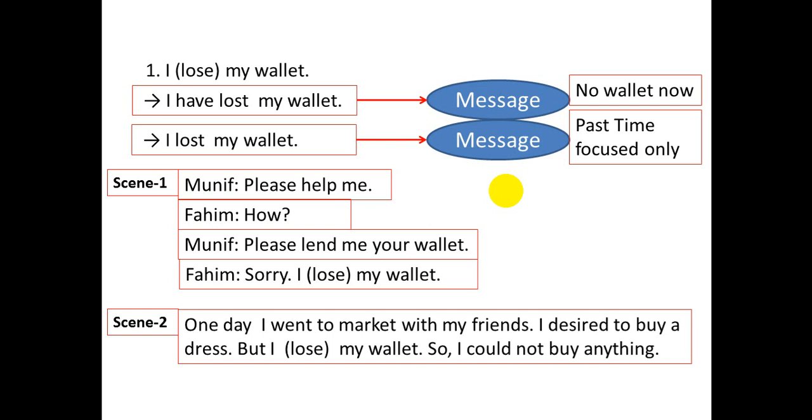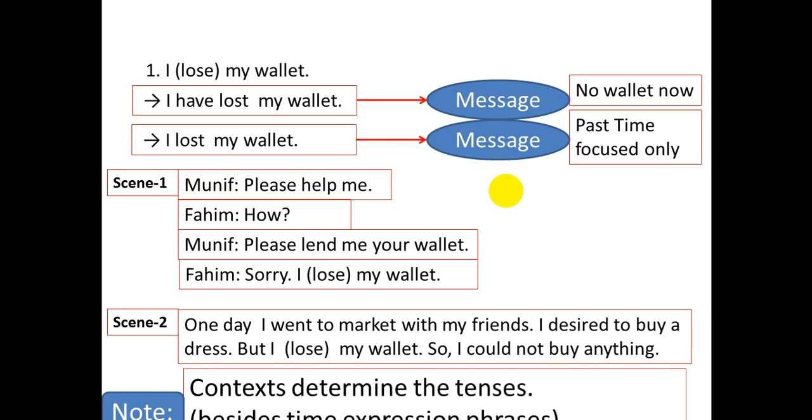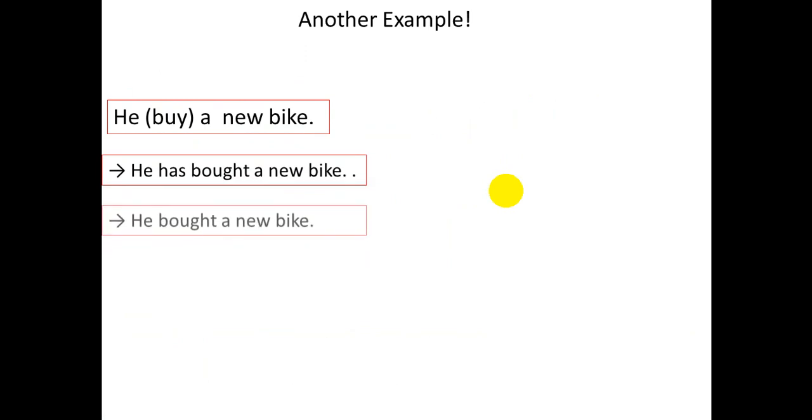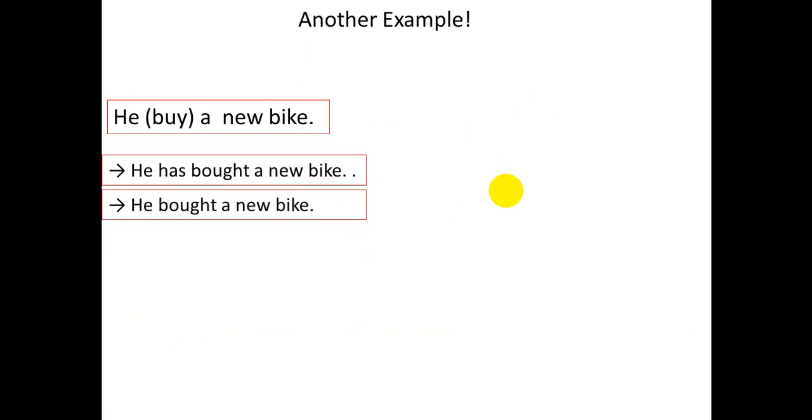So these two contexts, two focusing points, confirm the tense of the sentence, and of course they focus the forms of the verb. And the note is: context determines the tenses besides time expression phrases. Let's move on for another example. This example is also without time expression phrase.